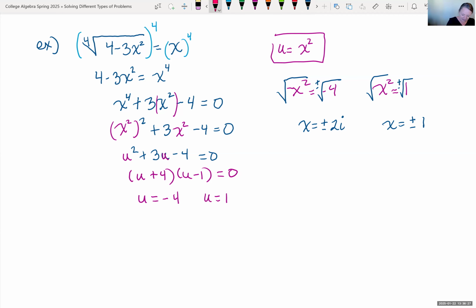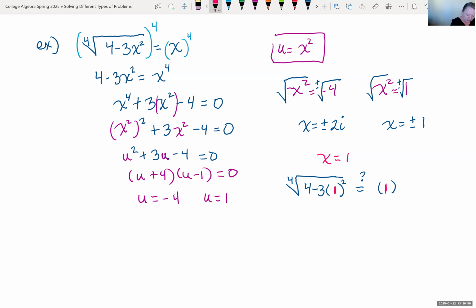So we need to go back and first try substituting in +1 to see if that is actually going to be a solution. Plugging it back into our original equation, we have the fourth root of (4 - 3(1)) squared. Is this really equal to 1?